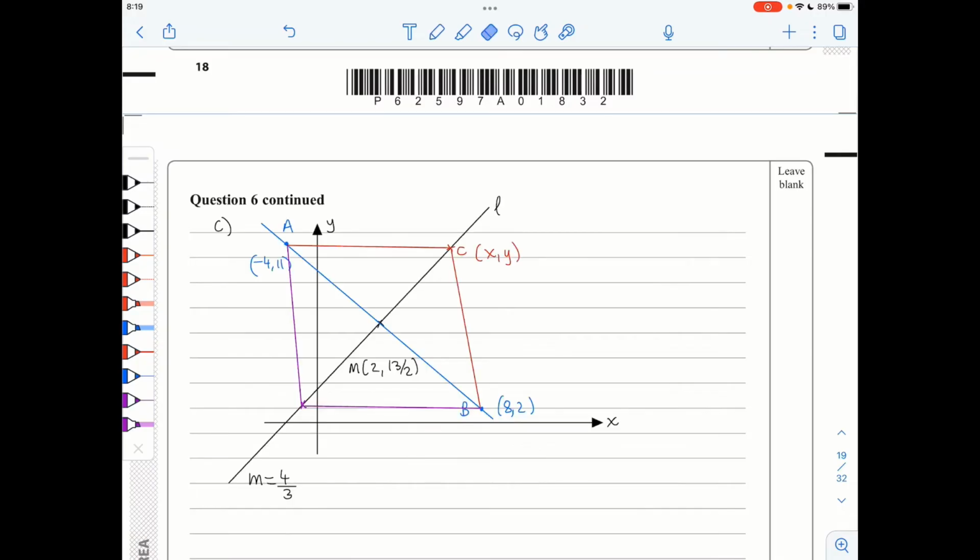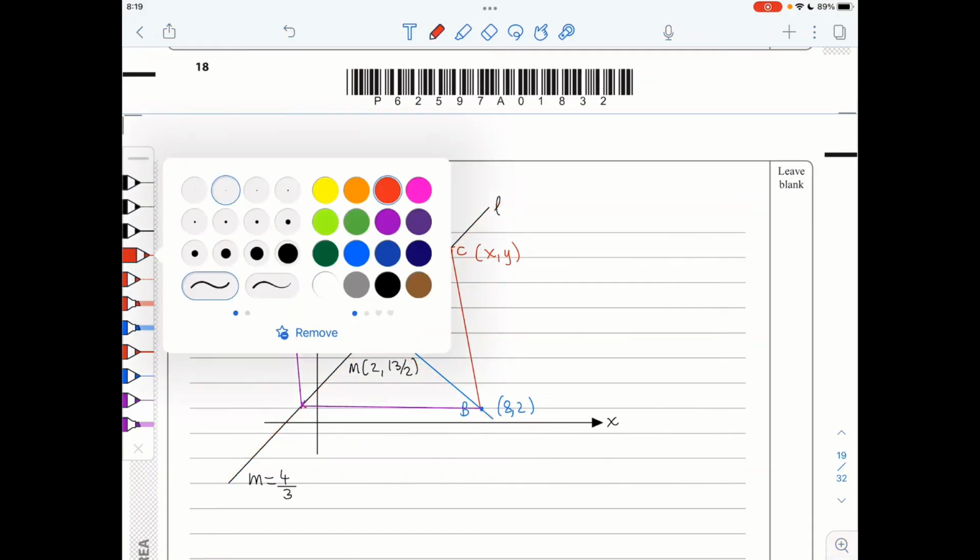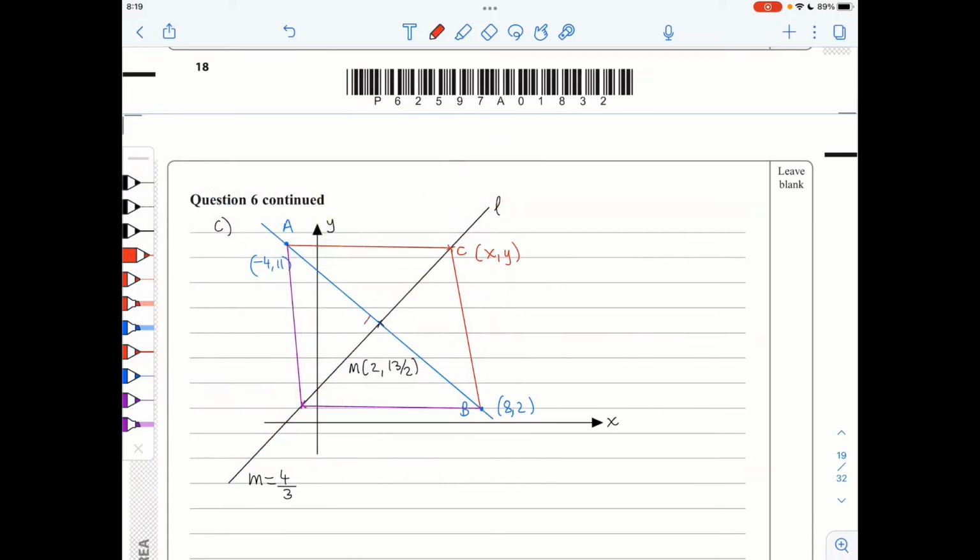So this is my sketch. I've got the straight line L having a gradient of 4 over 3, so it's going uphill. We've got the line AB perpendicular, so the angle here is 90 degrees. The midpoint is 13 over 2, sorry.